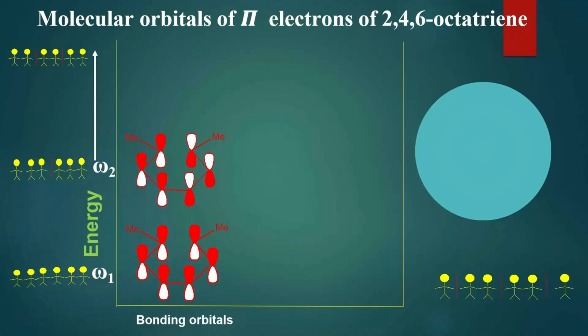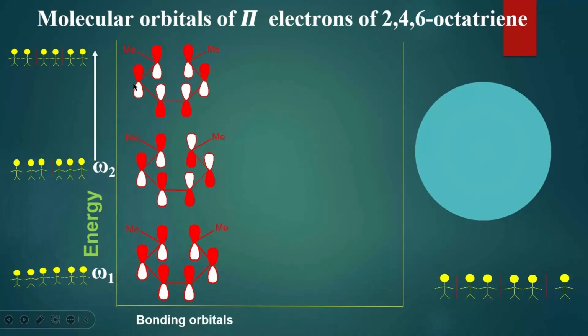At the next higher energy level, the 2 and 3 p orbitals are in one phase. The 4 and 5 orbitals are in the opposite phase to the first two. The 5 and 6 p orbitals are in the opposite phase to the 4 and 5.